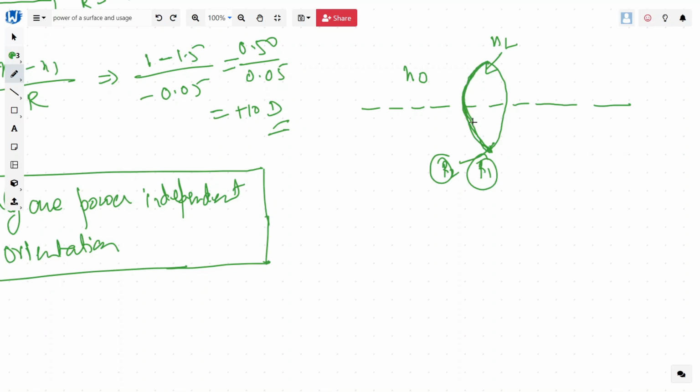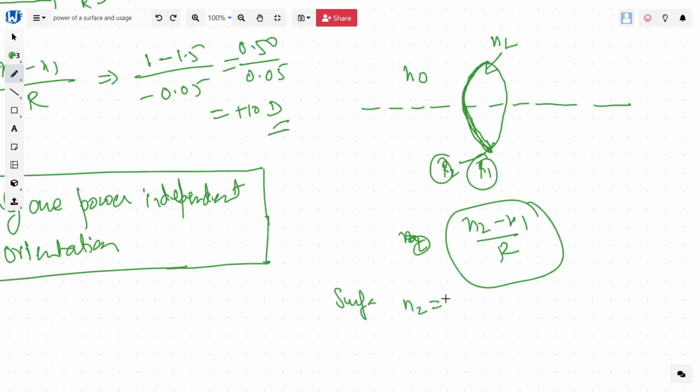So let's find the power for surface number 1. We said n2 minus n1 by R. So here we'll write it down for the first surface, surface number 1. n2 is equal to NL, and n1 is going to be equal to N0, the medium in which the lens is.